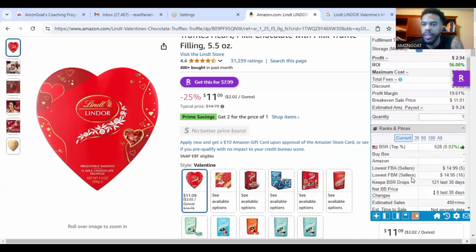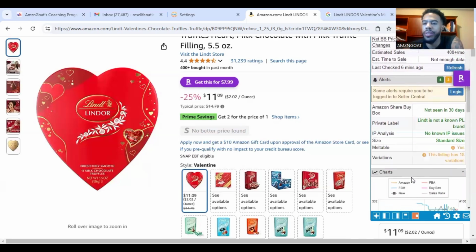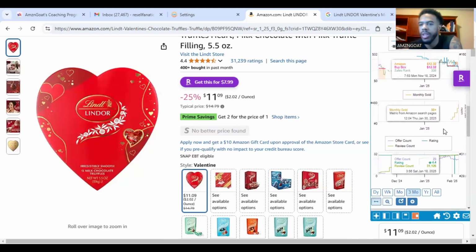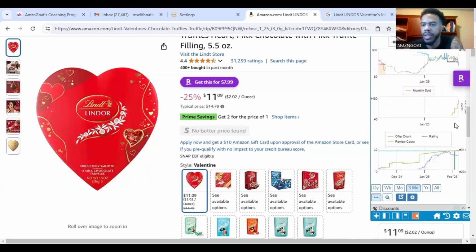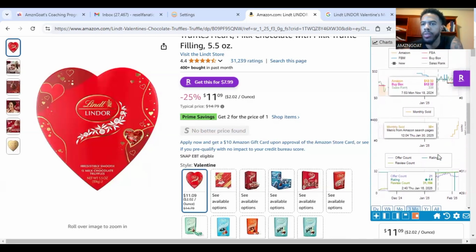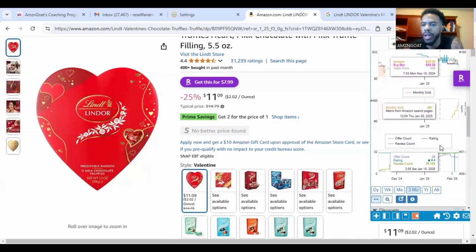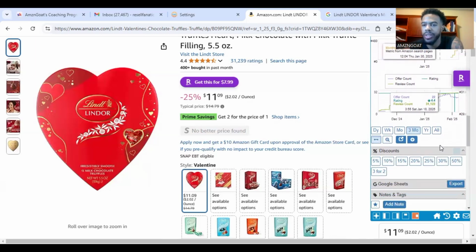So again, SellerAmp gives you a lot of good information. They have their own Keepa configuration where they show you the offer count of a product, the buy box price, the monthly sold line, which is all good stuff as well.